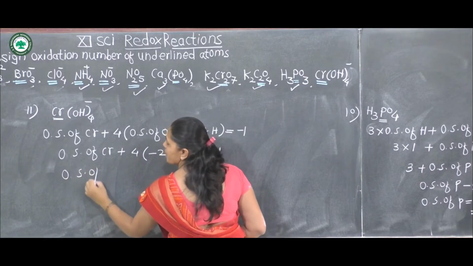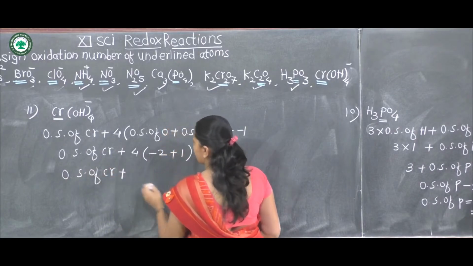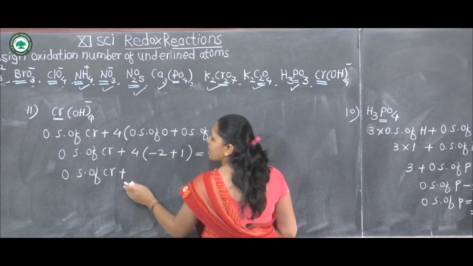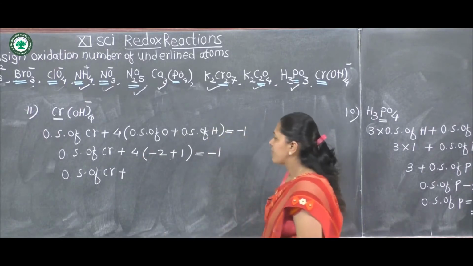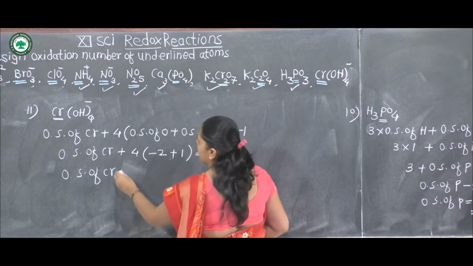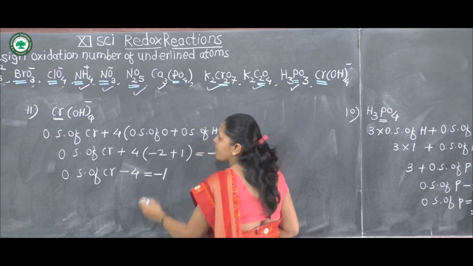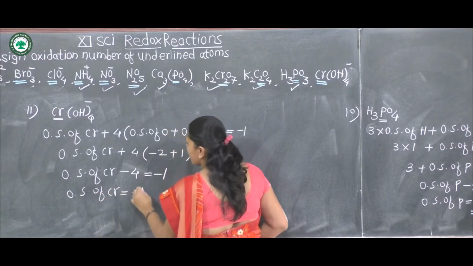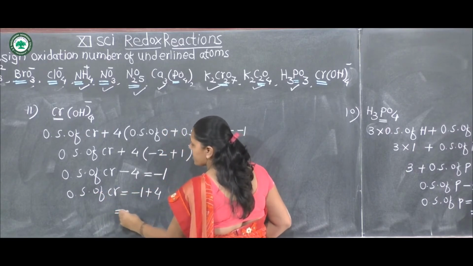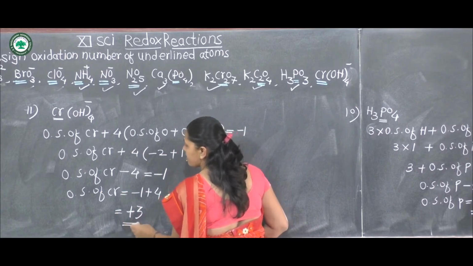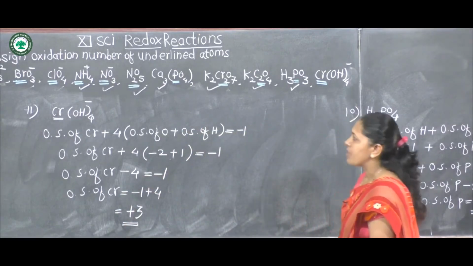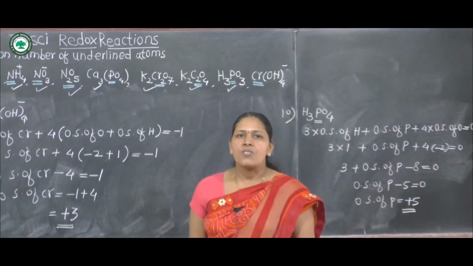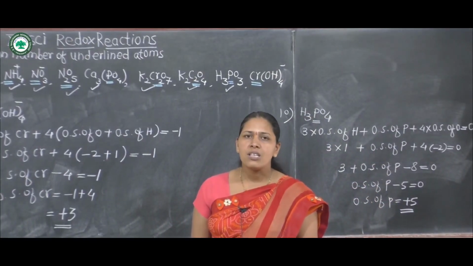The oxidation state of chromium plus -2 plus 1, -1 multiplied by 4, that is -4. -4 is equal to -1, and the oxidation state of chromium is equal to -1 plus 4, that is +3. This is the oxidation state of chromium. In this way, we can calculate the oxidation state of any atom by using this rule.